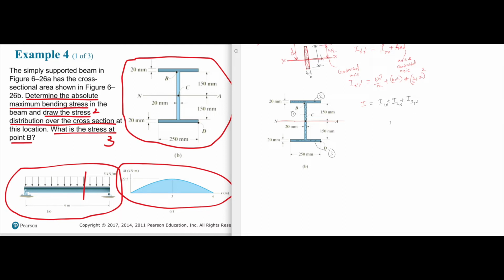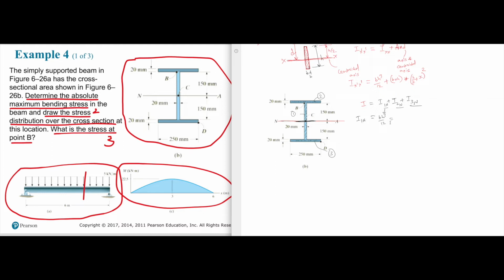So moment of inertia of the first shape with respect to neutral axis plus moment of inertia of the second shape with respect to neutral axis, plus moment of inertia of the third shape with respect to neutral axis. How much is this one? The first shape. The neutral axis passes through the centroidal axis of the first one. So it will be nothing but bh cube over 12. So I1, where how much is b?